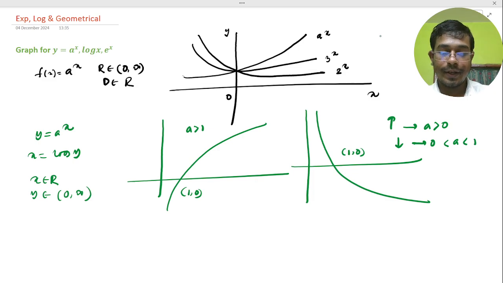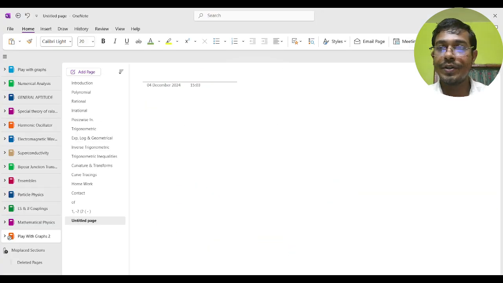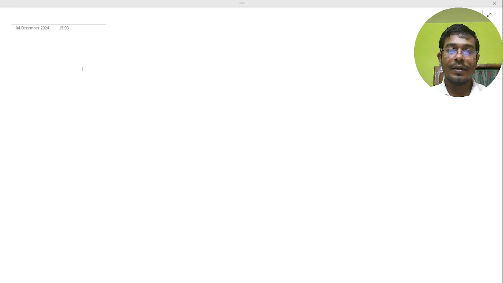So our next topic is the geometrical curves, like you also know from your mathematics: parabola, hyperbola, ellipse, ellipsoid, hyperboloid, paraboloid. We just don't draw them here, just the straight line, circle, parabola, like that.